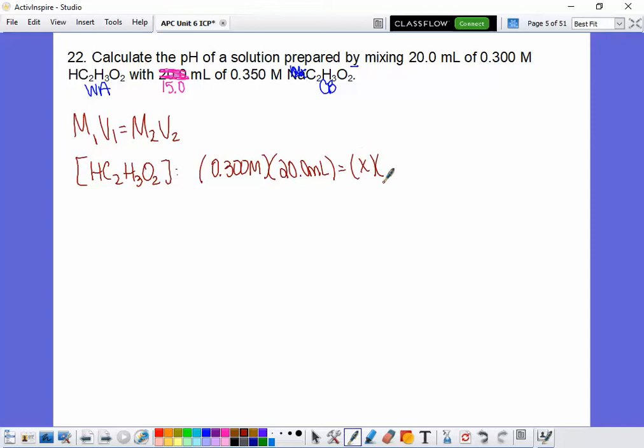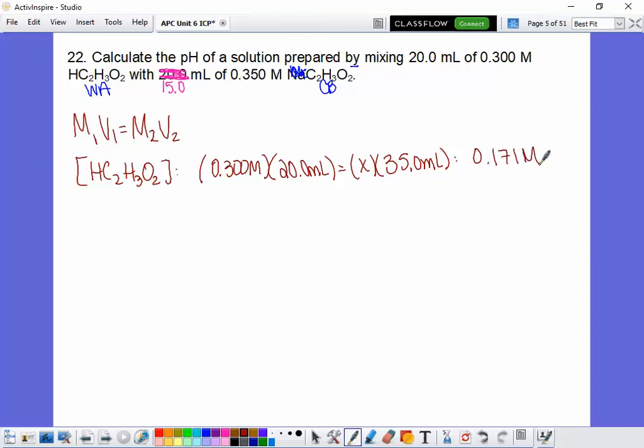And what's my total volume now? 35, because I changed that second volume. So from this, we can figure out what the new concentration of acetic acid is. What do you get? 0.171.